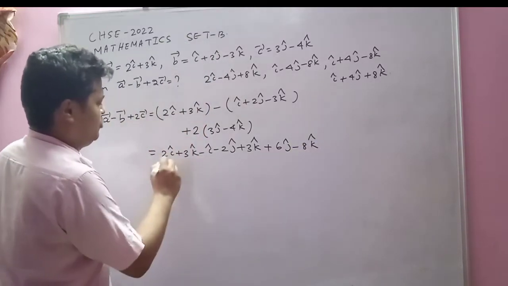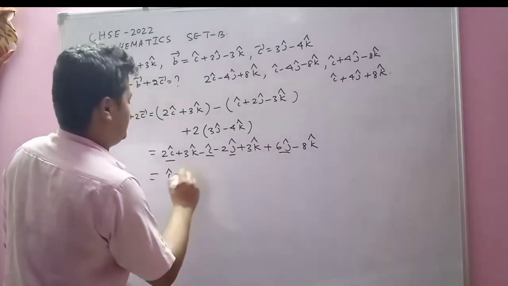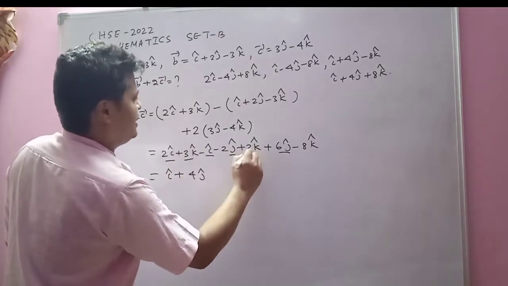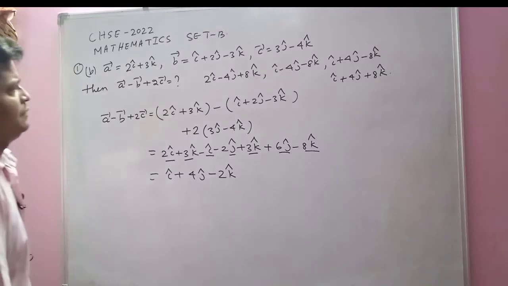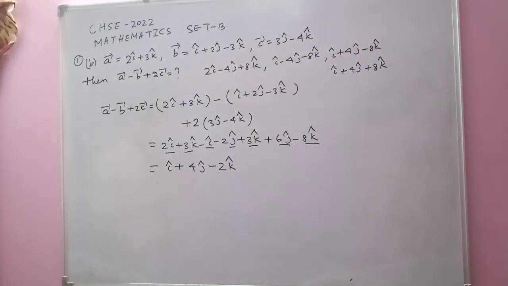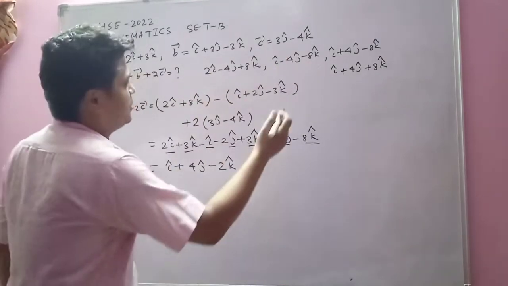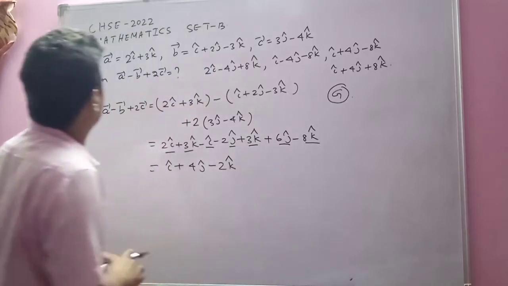So what you get? 2 minus 1 i cap, minus 2j plus 6j is 4j cap, then 3k plus 3k minus 8k. So none of the options match, so there is no answer. You will get grace if you attempt, right?